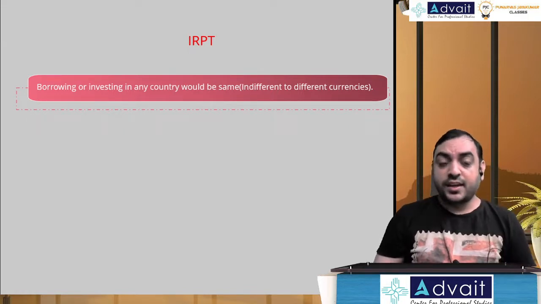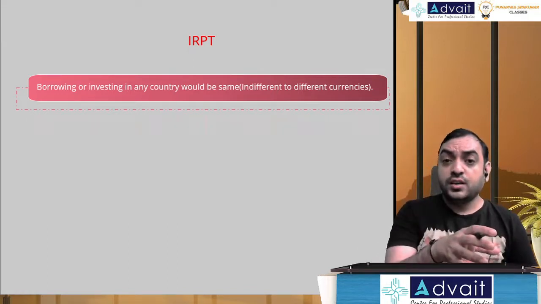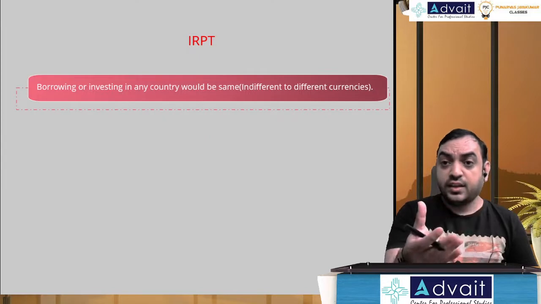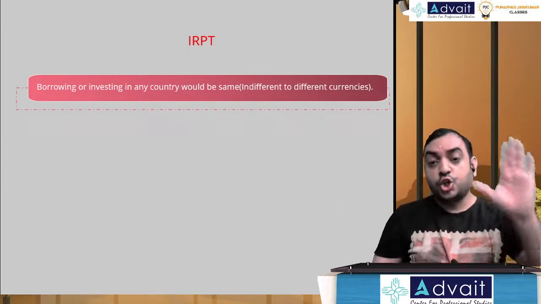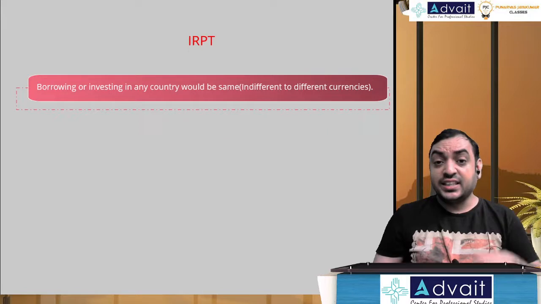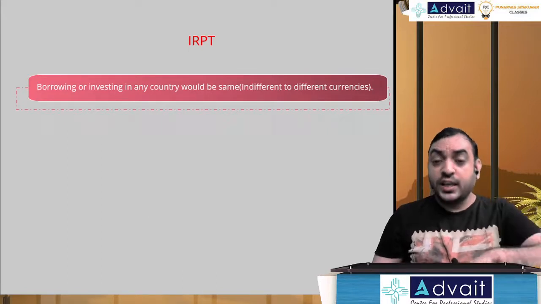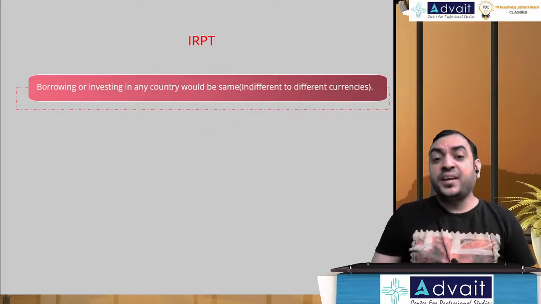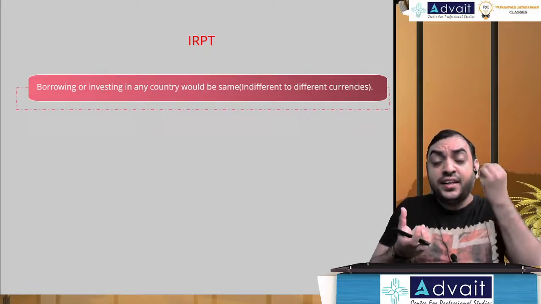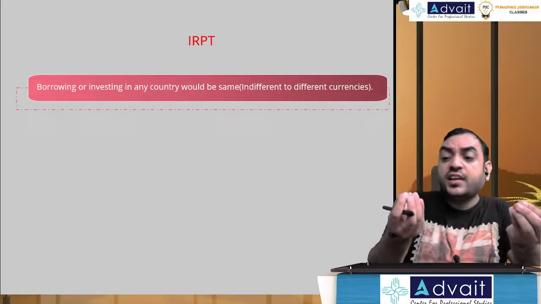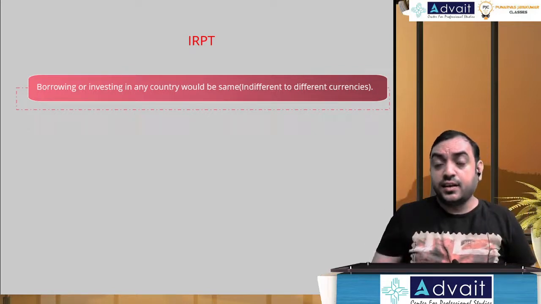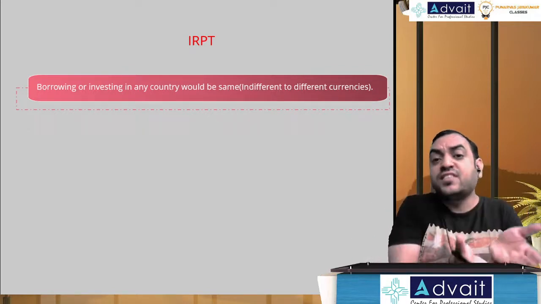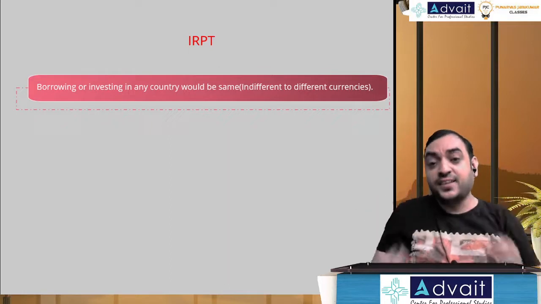What is the money market? Borrowing or investing in two different currencies should not make a difference. Whether I take money in India and invest in the US, or invest in India itself, both should be indifferent.